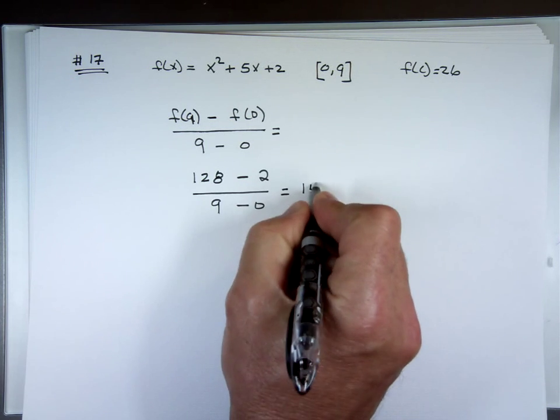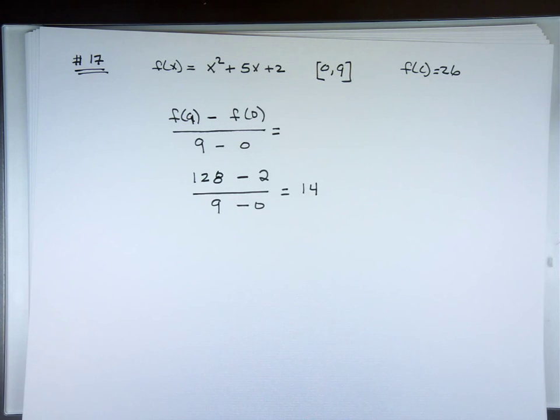Okay. Then, is it the mean value theorem or the intermediate value theorem? I was looking for the mean value theorem, but they're talking about the intermediate.